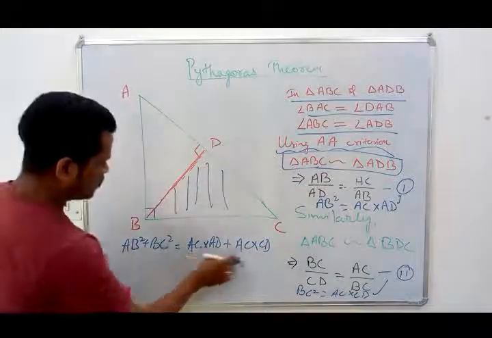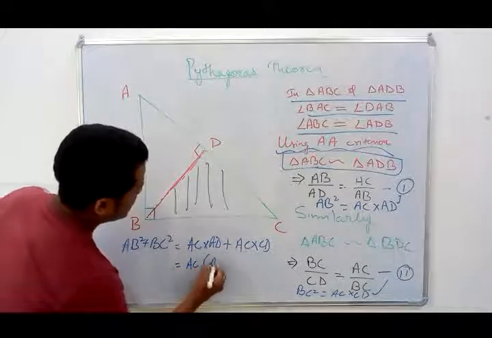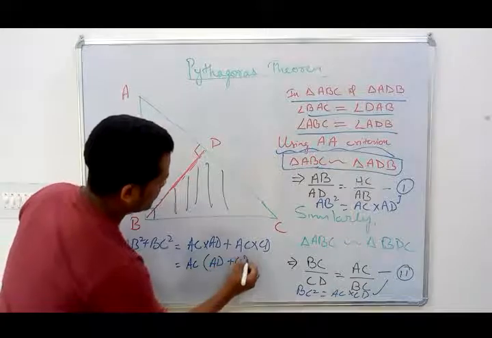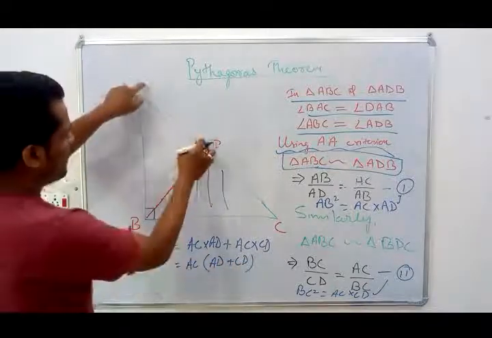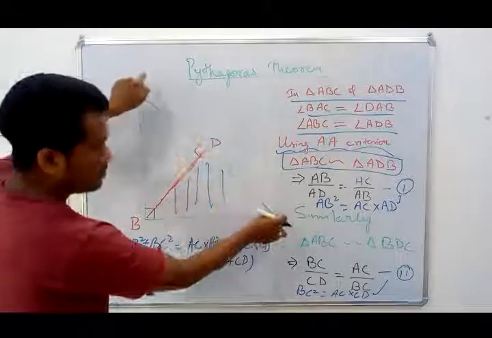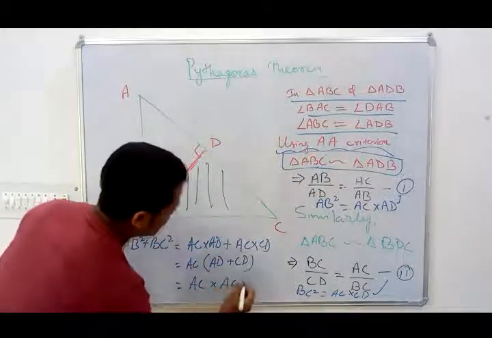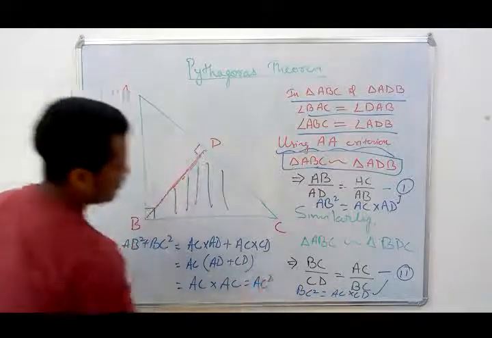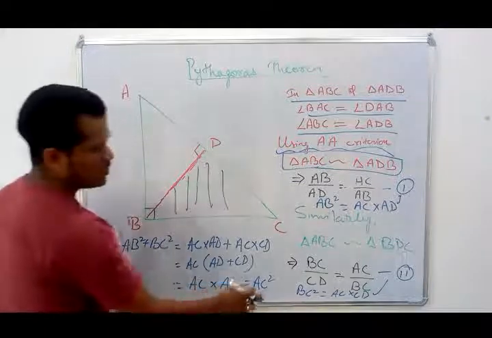From these two, can we take AC common? We have AC and what is left? AD plus CD. Now what is this AD plus CD? This will give you AC. So we have AC into AC, which is AC square. So we have got AB square plus BC square is equal to AC square.